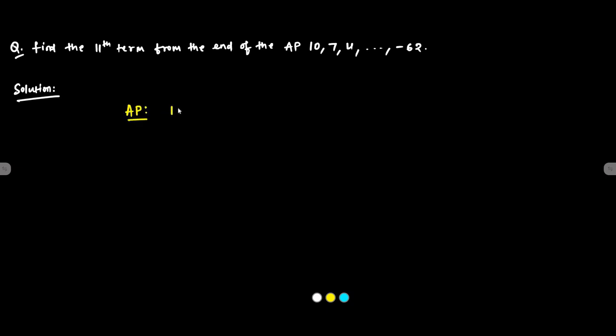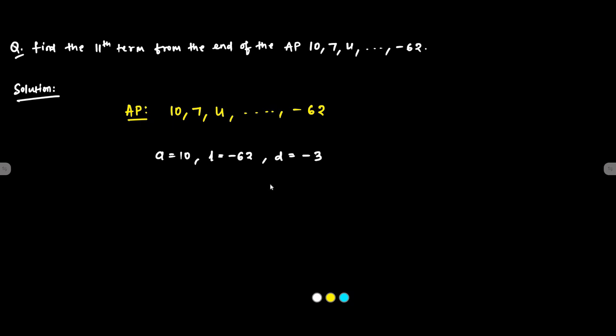They are 10, 7, 4 up to the last term, which is minus 62. So here the first term is 10, the last term is minus 62, and the common difference is 7 minus 10, minus 3, 4 minus 7, minus 3. Yes, the common difference is minus 3.